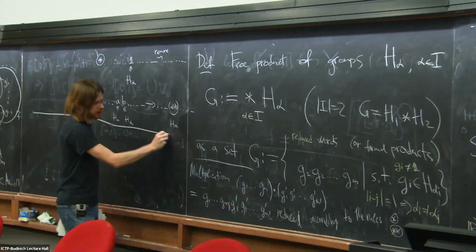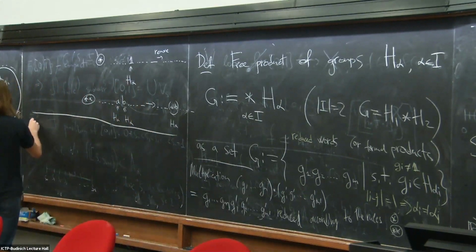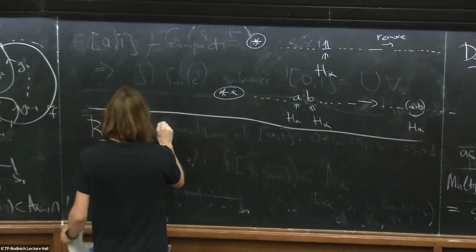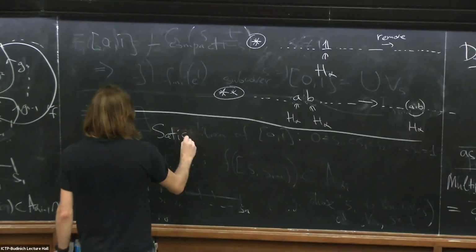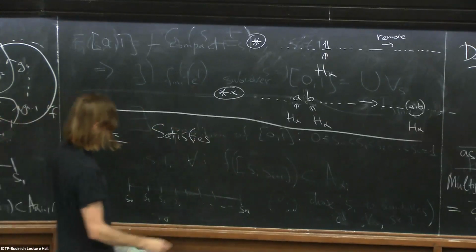Of course, we have defined this multiplication, but in principle we have to check that it actually satisfies the group axioms. The remark is that it satisfies group axioms.